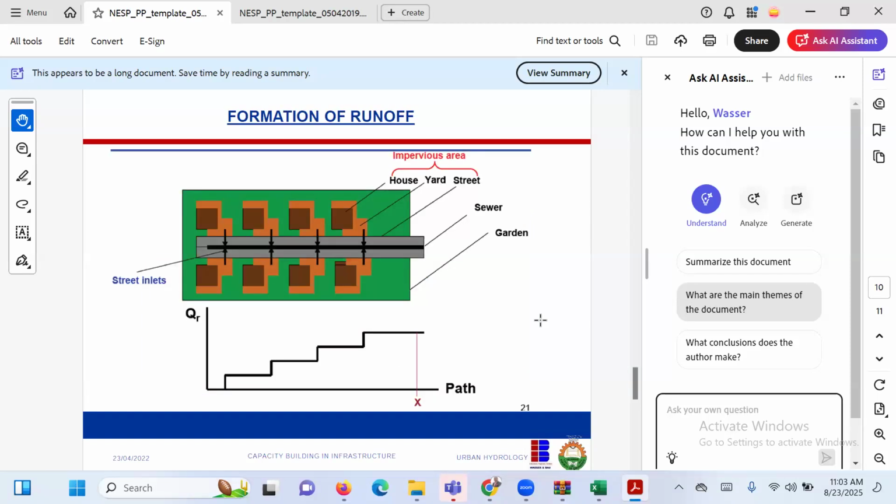So normally this is how you do the formation of runoff, okay? So imagine that this is your street inlet. So as water falls here, the head goes here. The discharge is around this place. As it flows to the second building, the discharge builds. As it flows to the third one, the discharge builds, and so on and so forth. That's how the discharge will be building.